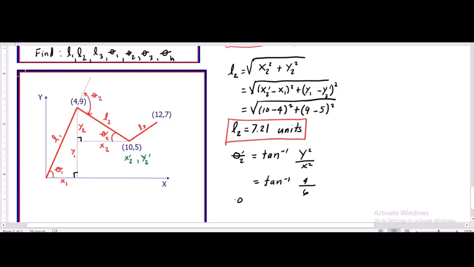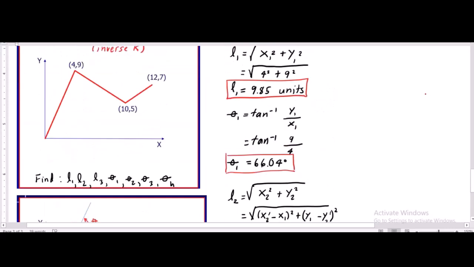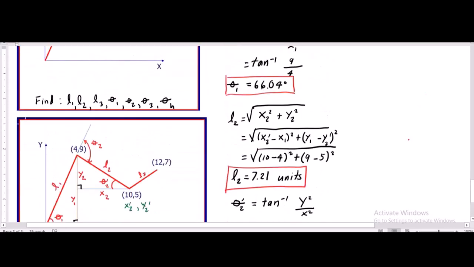Therefore, our theta 2 prime will be equal to inverse tangent of 4 divided by 6, that's 33.69 degrees. So this is the answer for the theta 2 prime. Not the final answer. We will use that one to determine the theta 2.